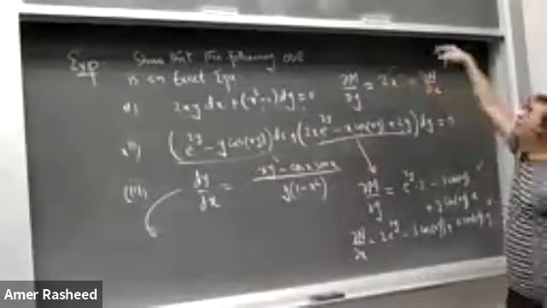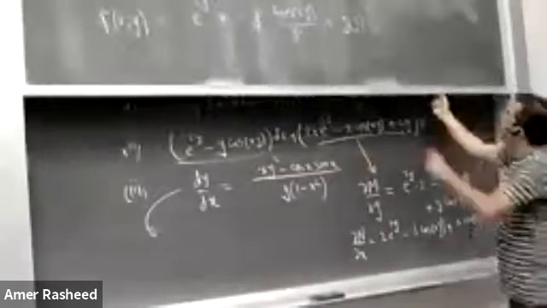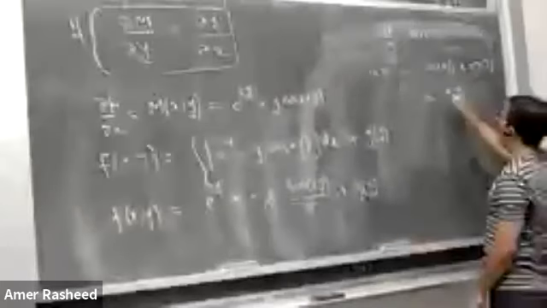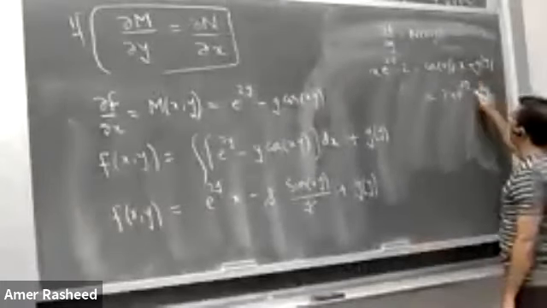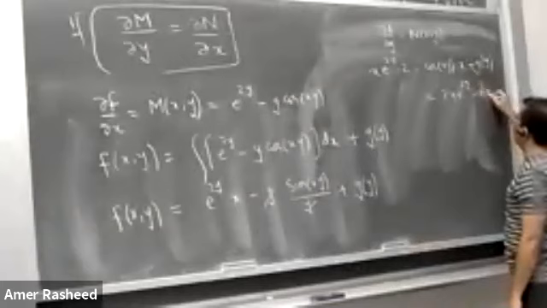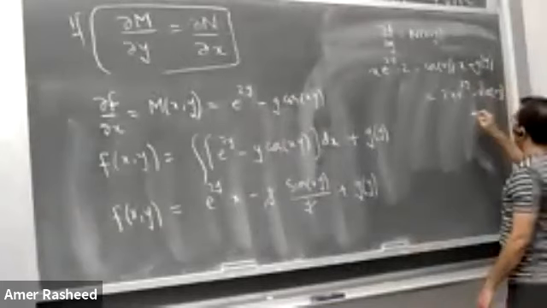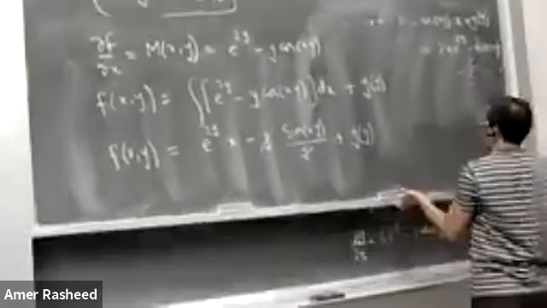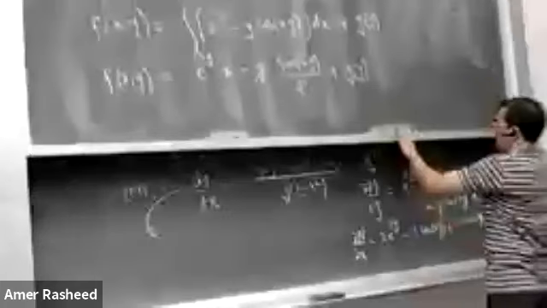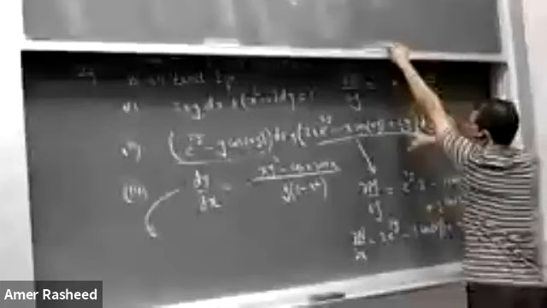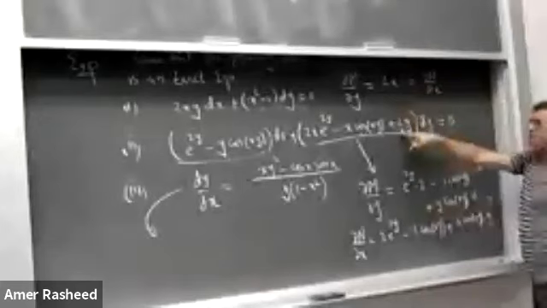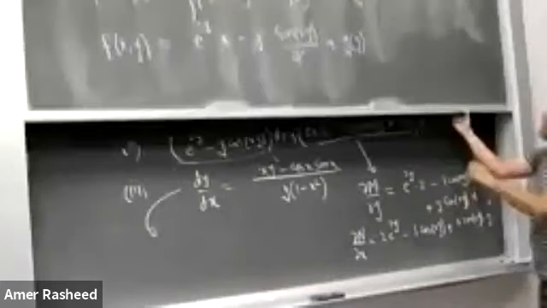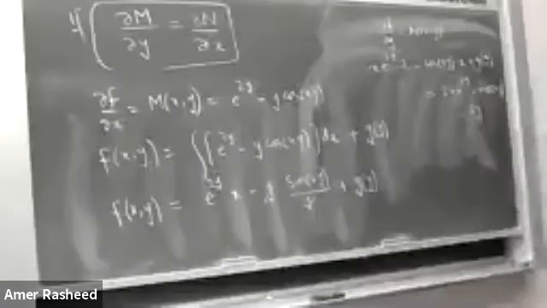You put it equal to this expression, which is 2x e raised to power 2y minus x cosine of xy plus 2y.